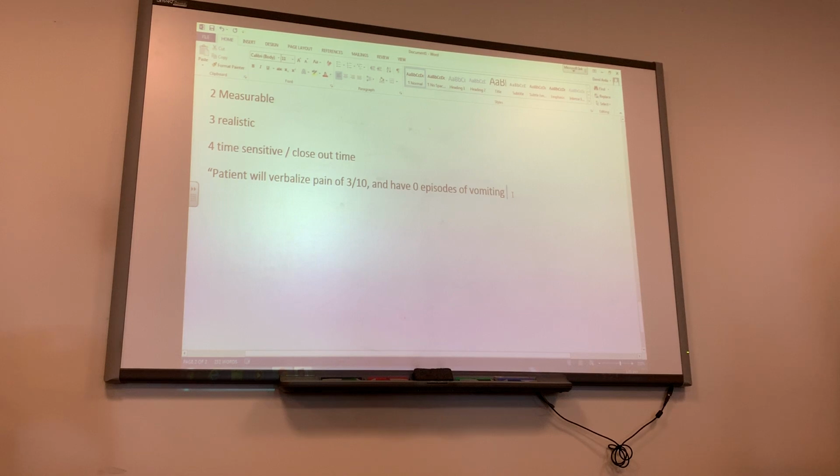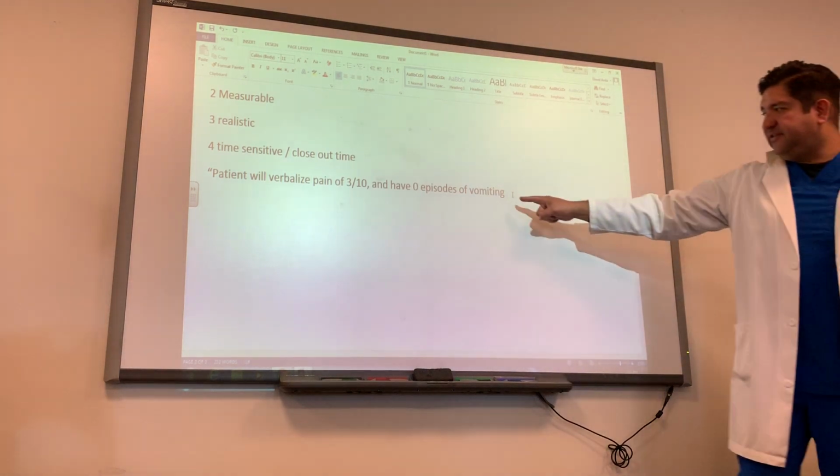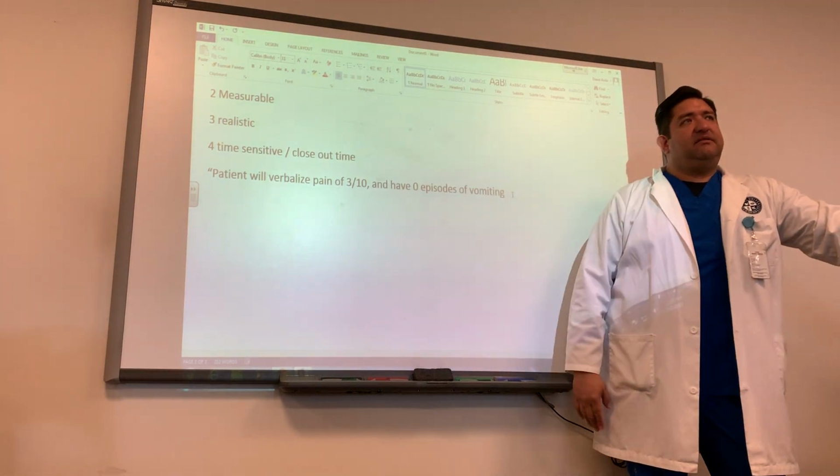Okay, and now we're going to make this time sensitive. If you were that patient in room 1 and 2 receiving the NG tube, how long would it take for you to be happy if you were no longer vomiting and if your pain can go from 8 to 3? You'd be a happy camper. If the nurse and the doctor can fix me to this in how long?